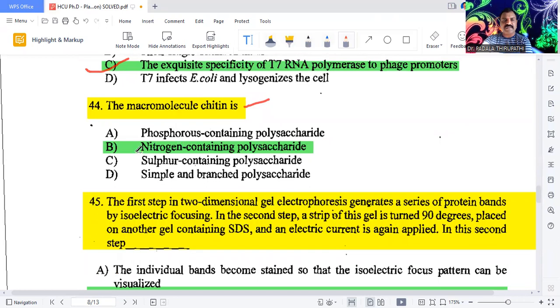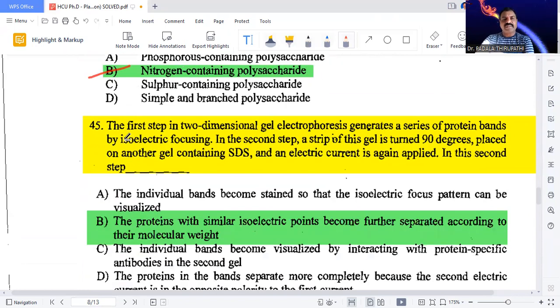Then 44: the macromolecule chitin is a nitrogen containing polysaccharide. Then the first step of two-dimensional gel electrophoresis generates a series of protein bands by isoelectric focusing. In the second step, a strip of this gel is turned 90 degrees and placed on another gel containing SDS, and an electric current is again applied.